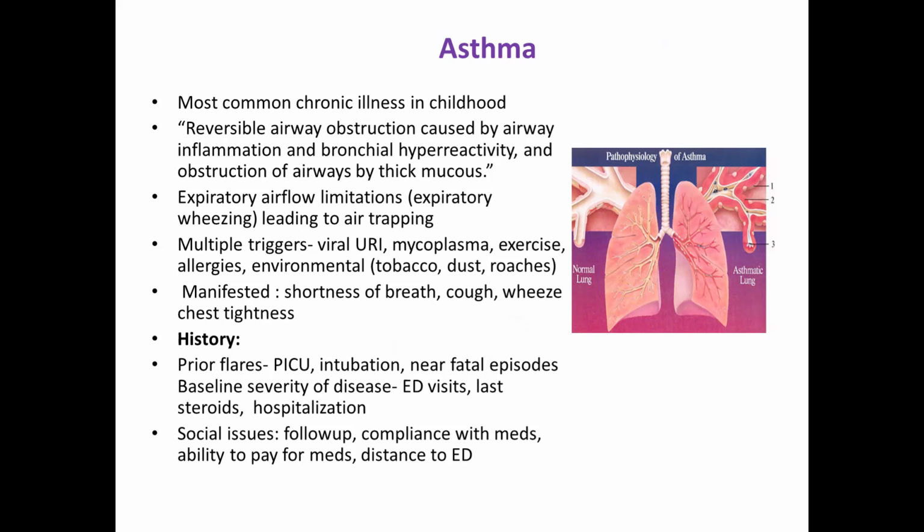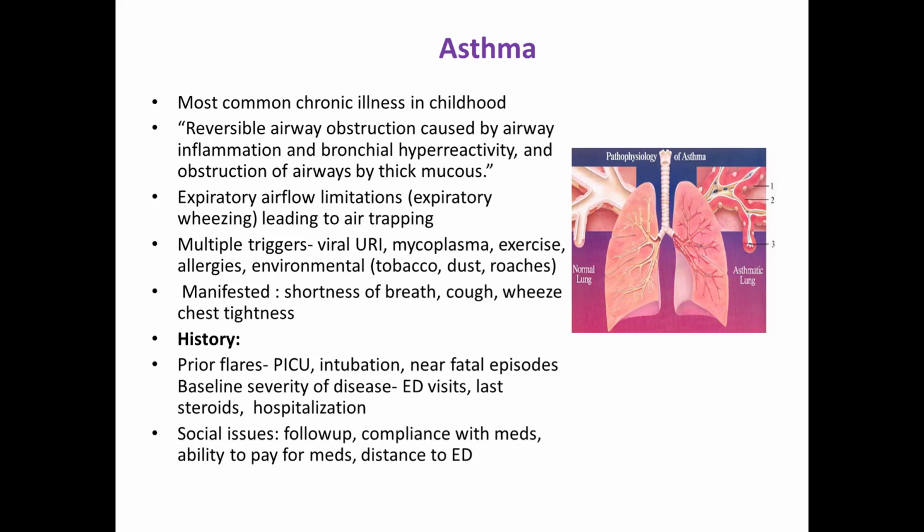Expiratory airflow limitation leading to air trapping. There are multiple triggers: viral, exercise, allergies, environmental such as tobacco and dust, usually manifested by shortness of breath, cough, wheeze, and chest tightness.